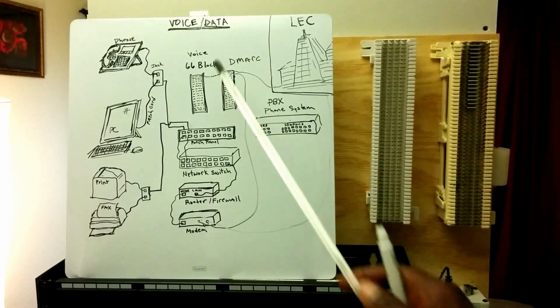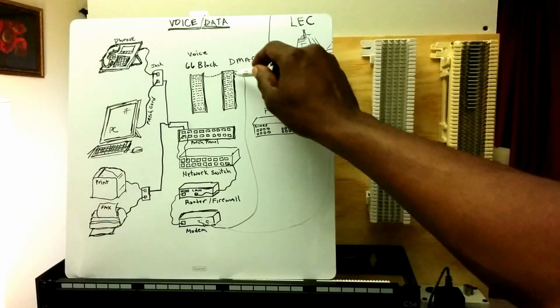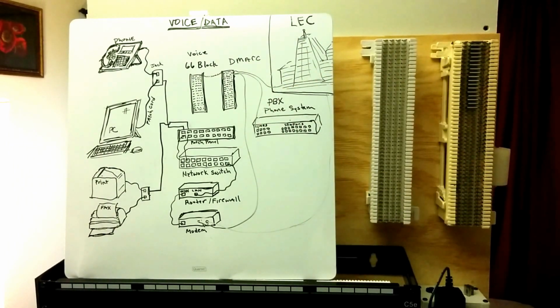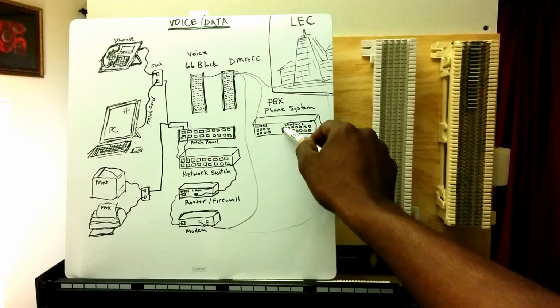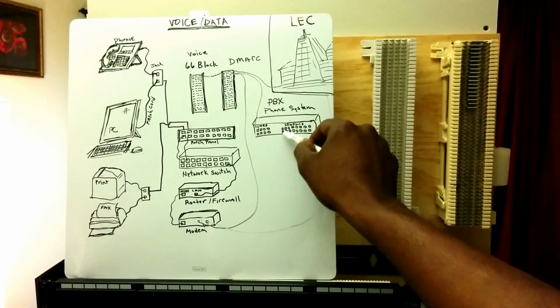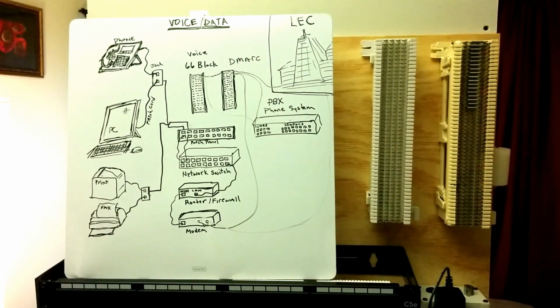Or you could have your incoming lines going to a phone system, could be going that way, line 1 and line 2 and so forth. And the house wiring here are the station ports on your phone system, and these will probably be connecting to the in-house wiring 66 block over there.